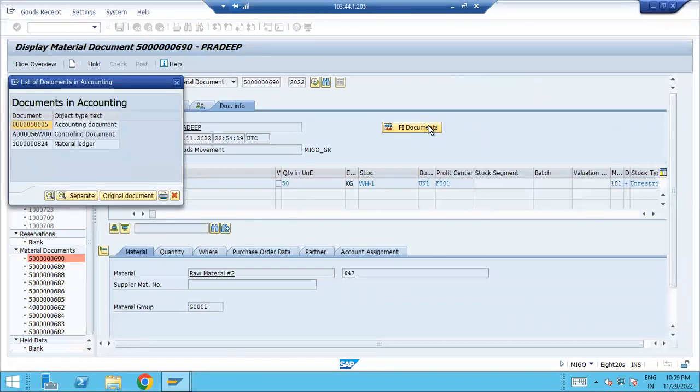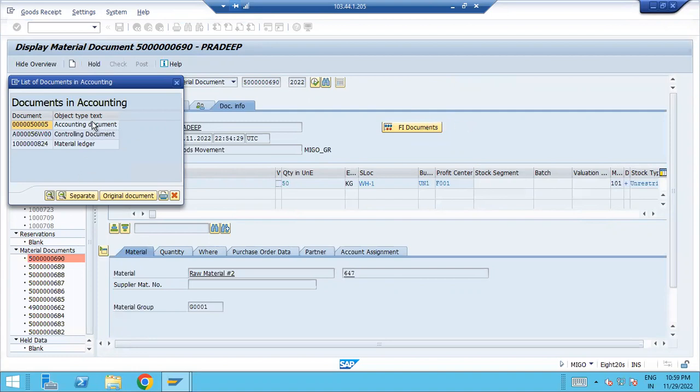So we got the accounting documents. Here, from the FI MM integration point of view, the document number is 50005. For the difference point of view, I added one cost object, and for that purpose I have a cryptic document, and one document is for material ledger point of view.